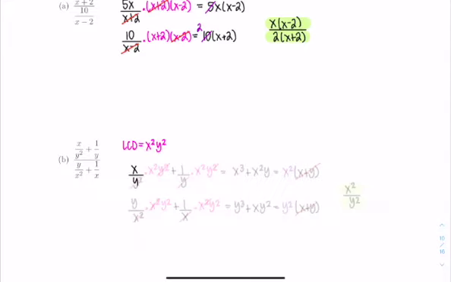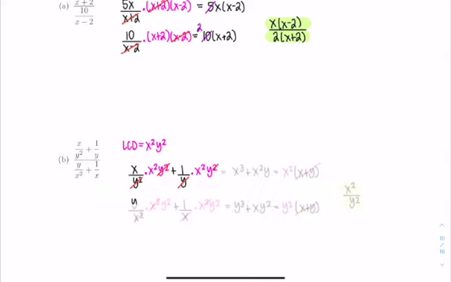So we have x over y squared times our x squared y squared plus 1 over y times x squared y squared. In the first fraction, the y squareds cancel, and in the second one, only a single y cancels.